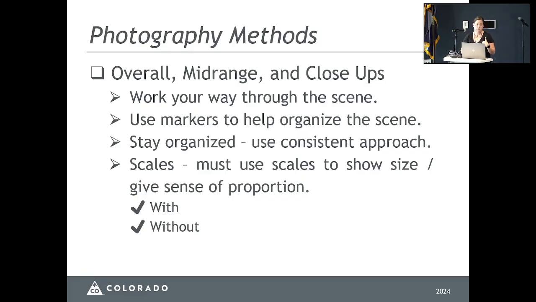For crime scenes, we will do overall, mid-range, and close-up photographs with and without markers. That is because we want to document the scene before anybody touches or moves or adds anything to it. When you lay a marker down, you are inherently adding to the crime scene. So you want to document it as is before anything is manipulated.